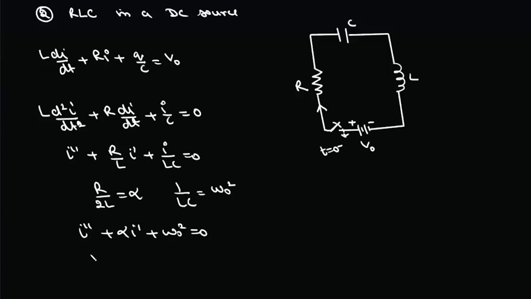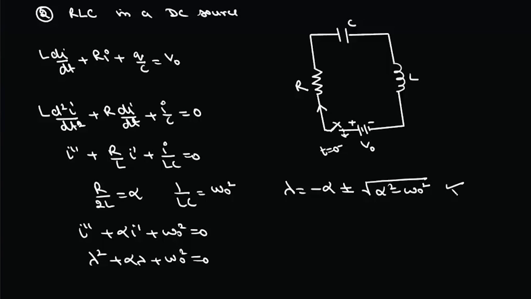And again, we end up getting the same characteristic equation, lambda squared plus alpha lambda plus omega naught squared equals 0. Or we can write lambda as minus alpha plus or minus the square root of alpha squared minus omega naught squared. So the result is exactly the same as we have studied in the previous case.